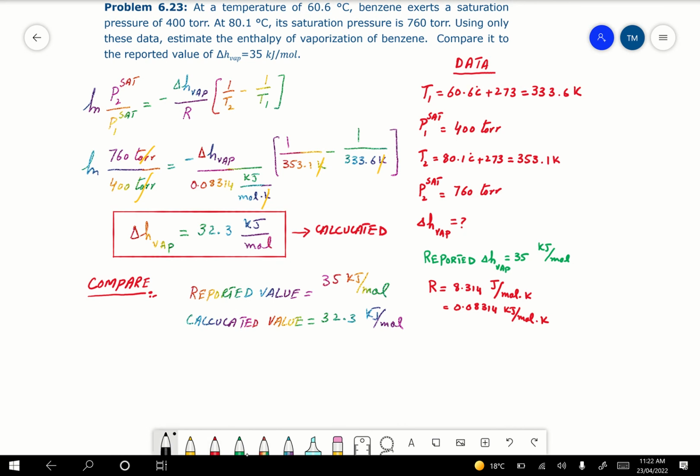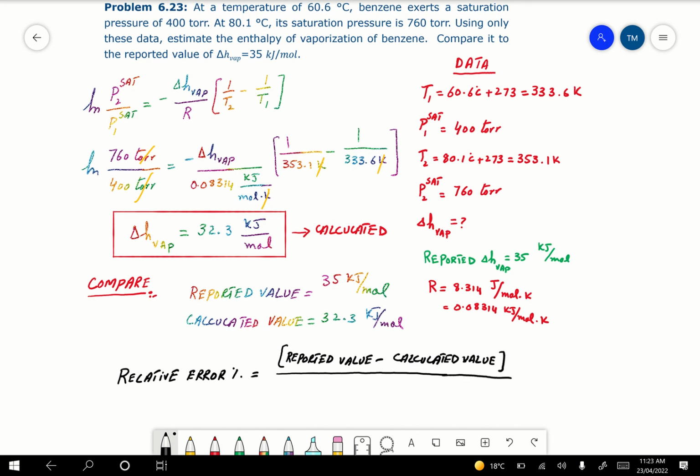So basically we can compare this using relative error percent, which is equal to, the formula for that, which is not given on your slides, reported value minus calculated value, and I think it's divided by reported value as well.